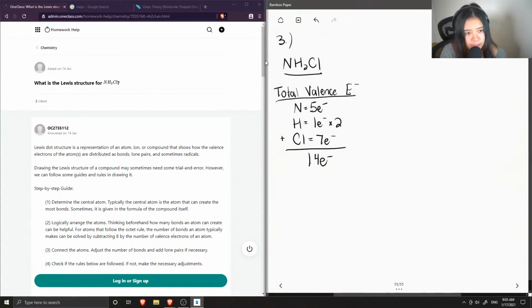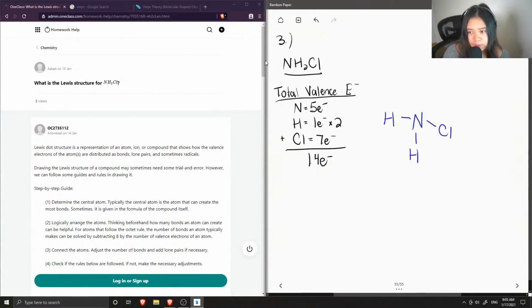So now let's try to draw out the skeletal structure. We'll have nitrogen as our central atom, and then I'm just going to draw down single bonds to my 2 hydrogens and to my chlorine.